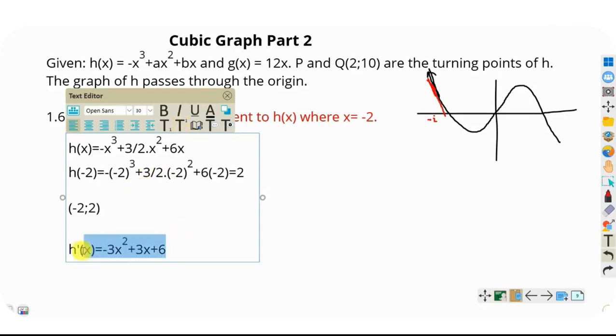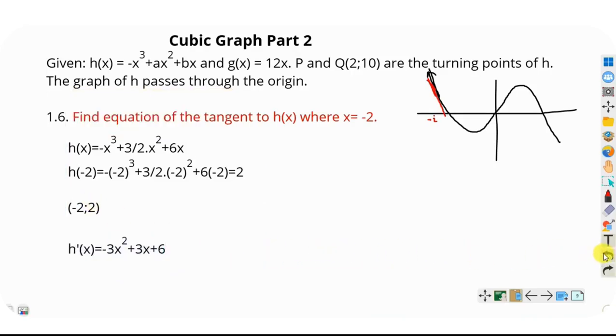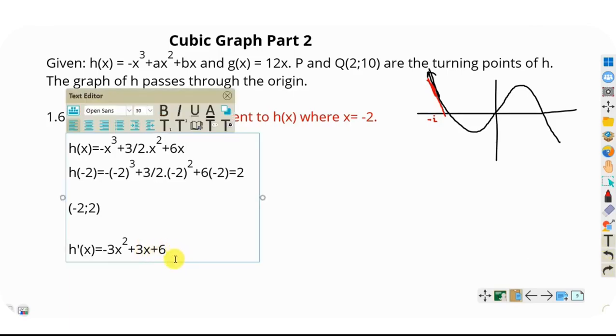Now that we have the definition of the gradient, I messed up the variable.